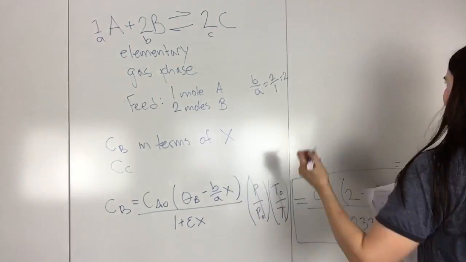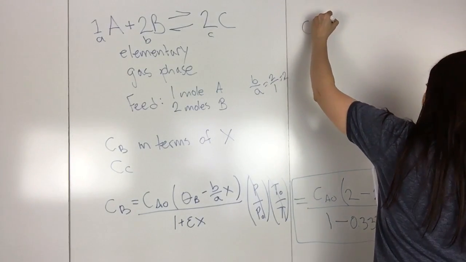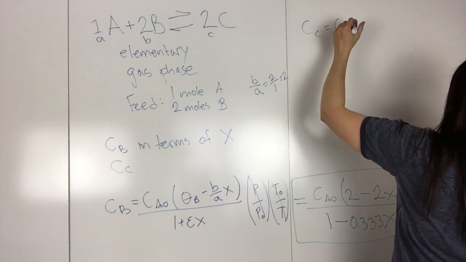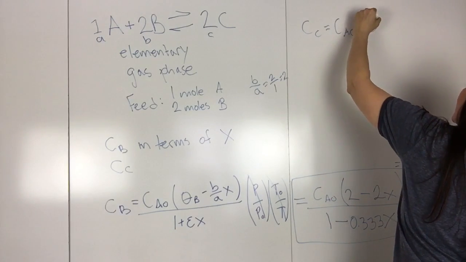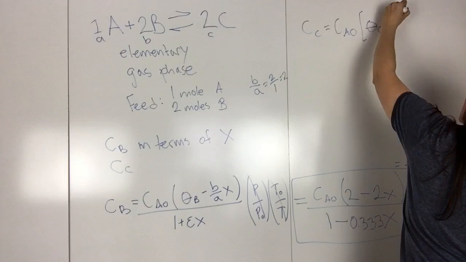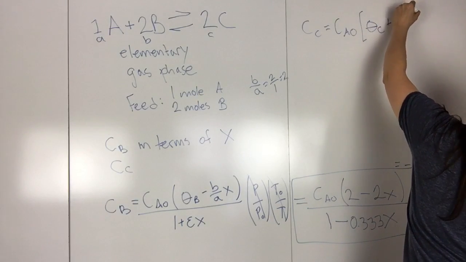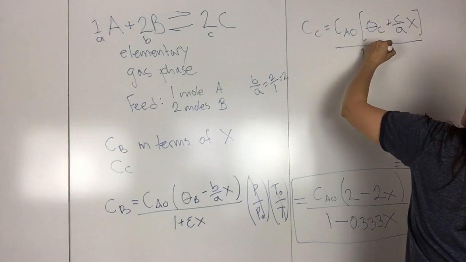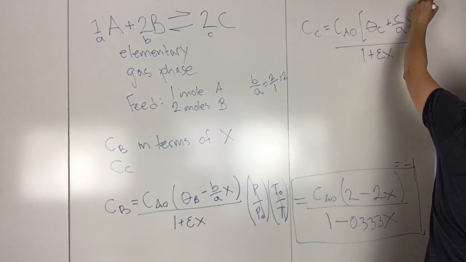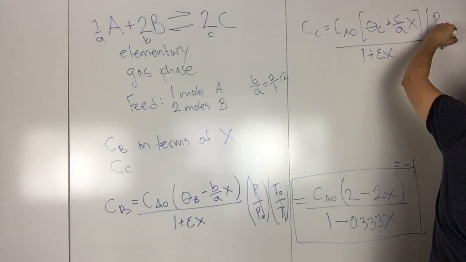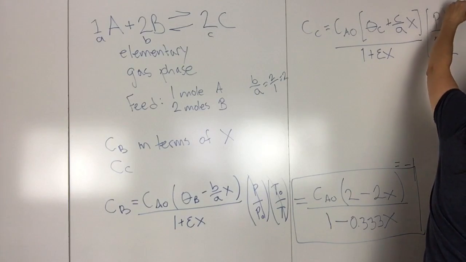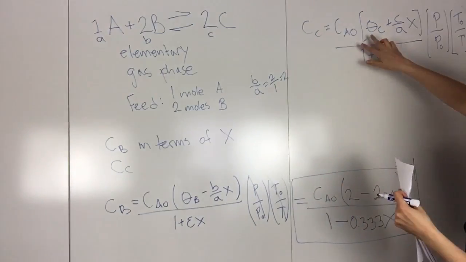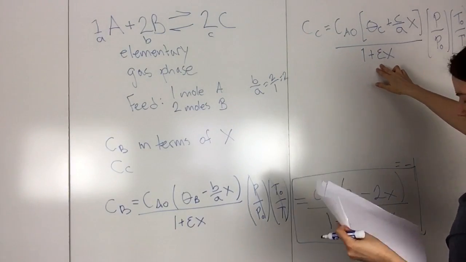In this case, it would be C of C equals C A naught theta C plus C over A x over 1 plus epsilon x, and then that's multiplied by P over P naught, T naught over T. And then we just do the same thing.